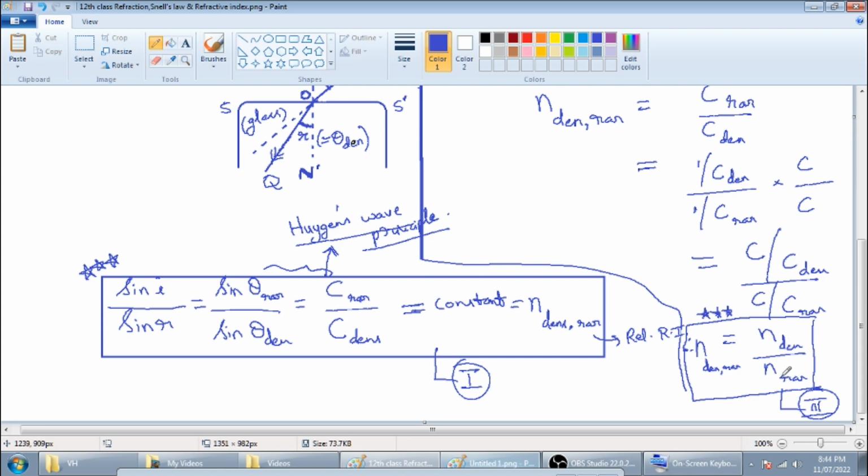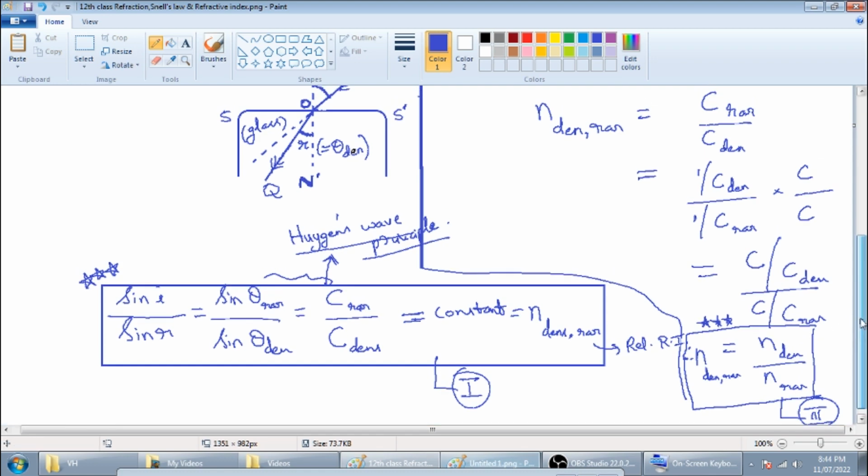So dividing the two, we get the refractive index of glass with respect to water. This way, the relative refractive index of any denser medium with respect to any other rarer medium, we can get just by knowing the absolute refractive indices of the two media.